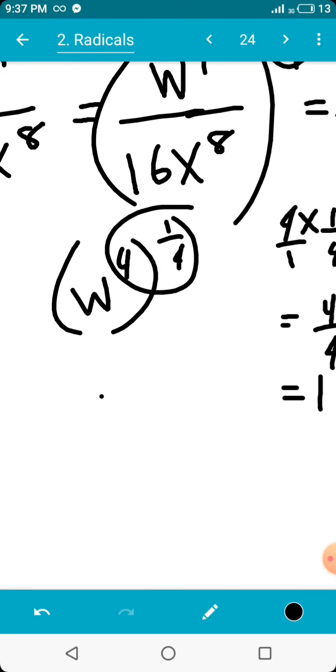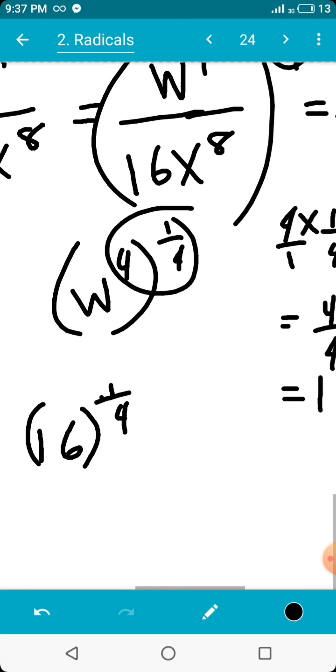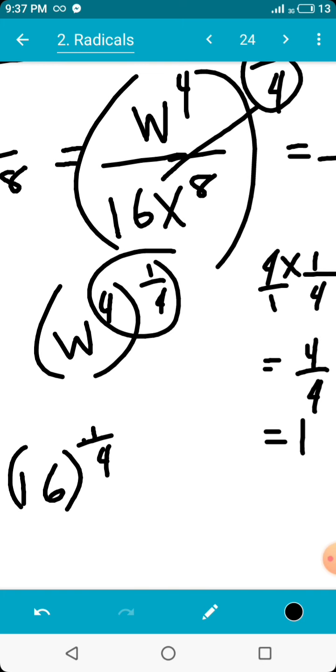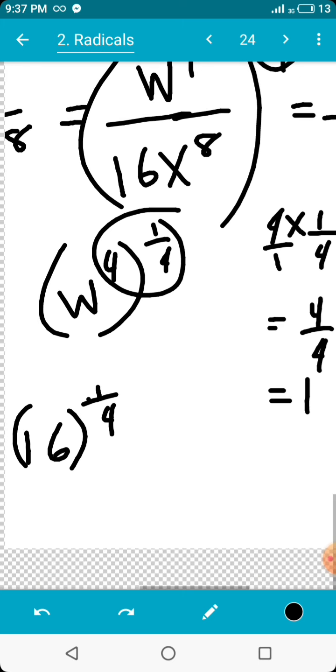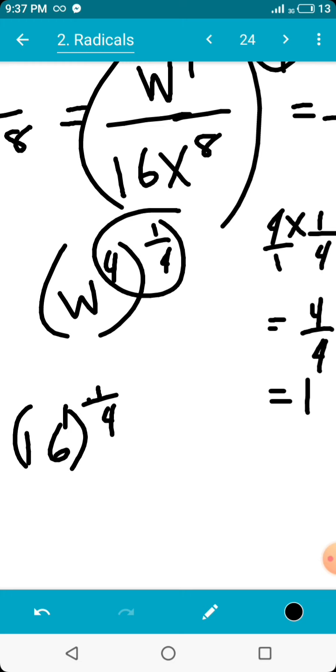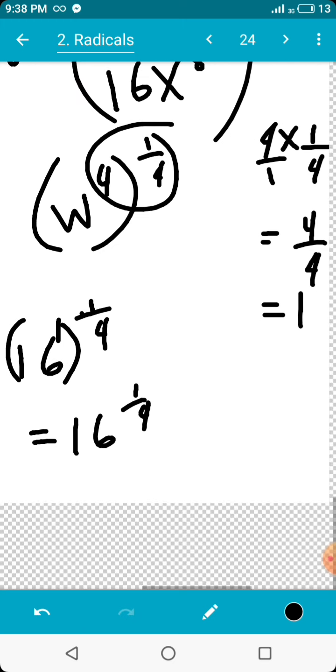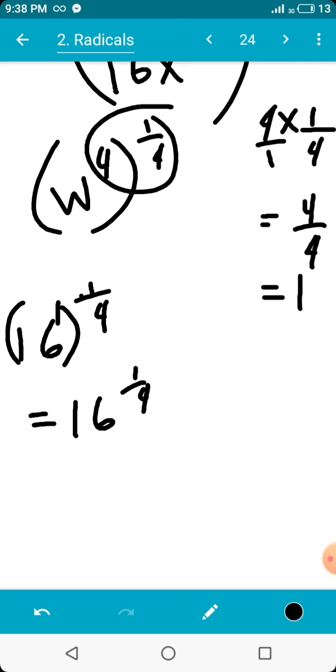So, we have here 16. Oh, 16 muna. 16 raised to 1/4. Okay, kasi di-distribute natin to dito. Okay, bawat isa. So, ang mangyayari ngayon, since 1 lang naman yun nandito, so same lang din yung 16 raised to 1/4, right? And again, pag fraction yung exponent natin, ang equivalent lang yan ay what?